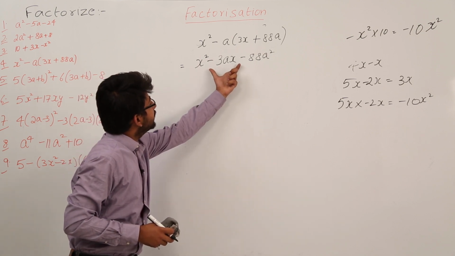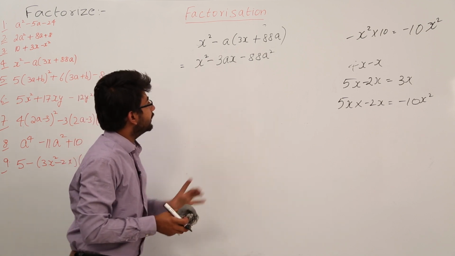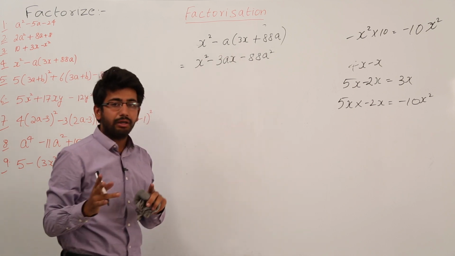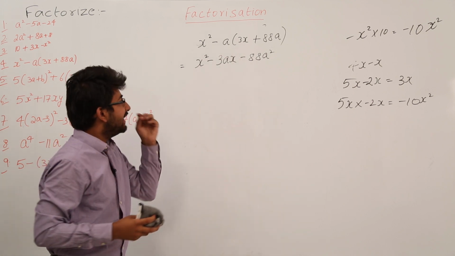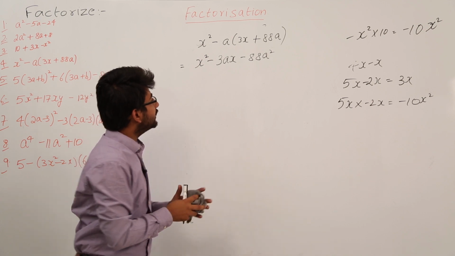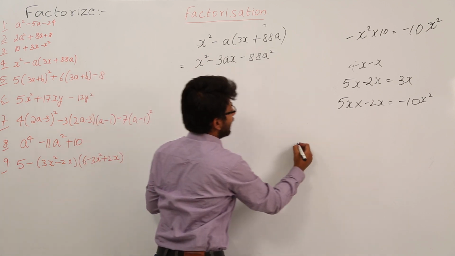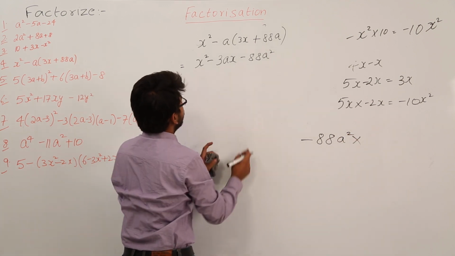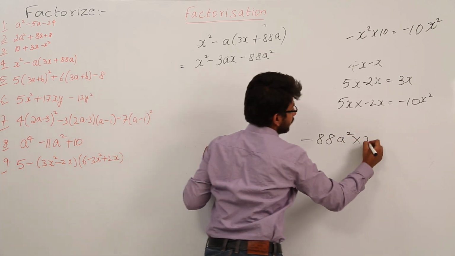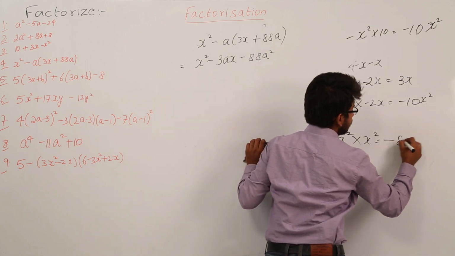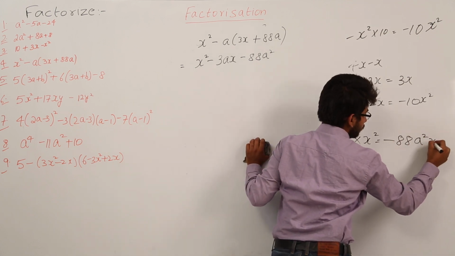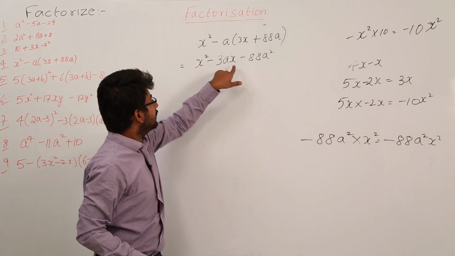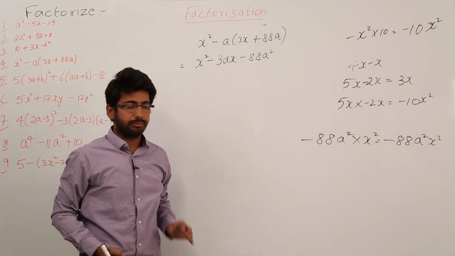We have to split minus 3ax into two components in such a way that their product is equal to the product of minus 88a square and x square.